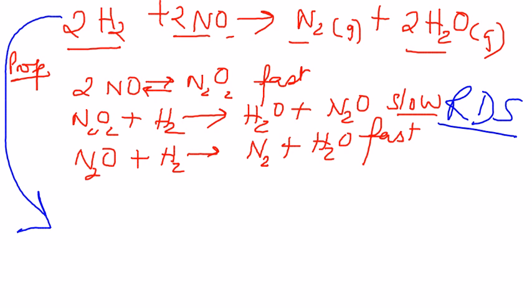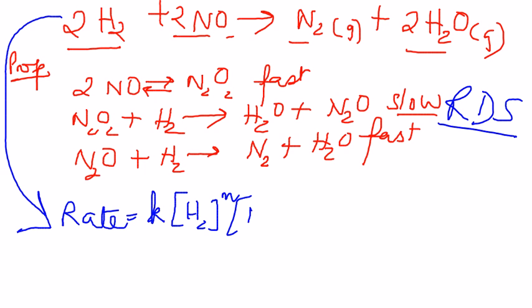So let's see what the rate expression will look like. In my case, it will look like rate is equal to K times hydrogen, I'm going to put an M on top of that, and an O, I'm going to put an N on top of that.